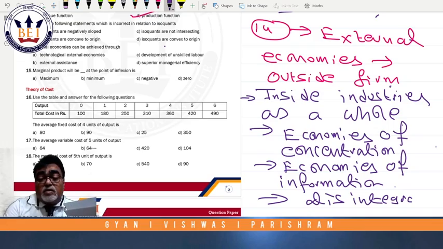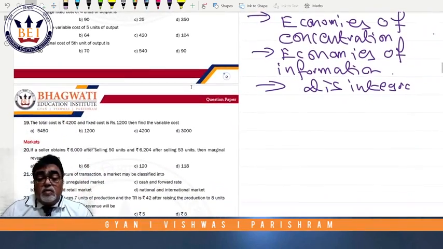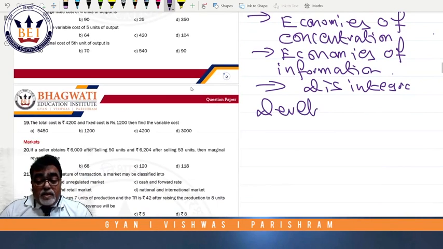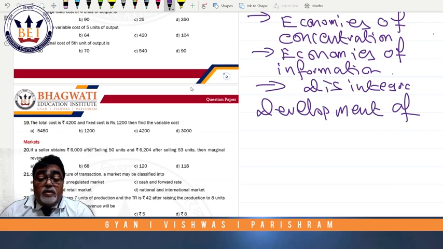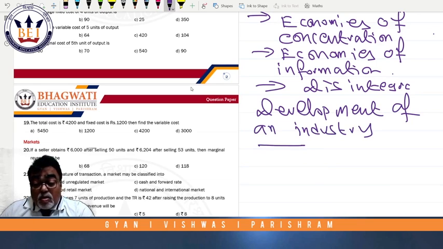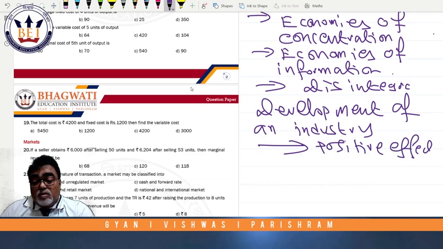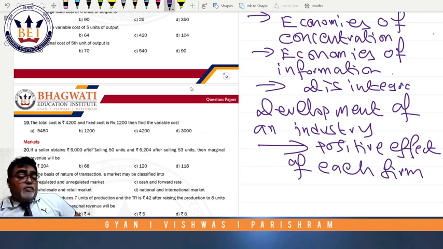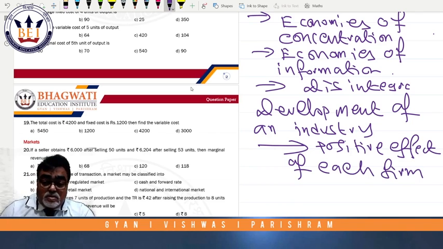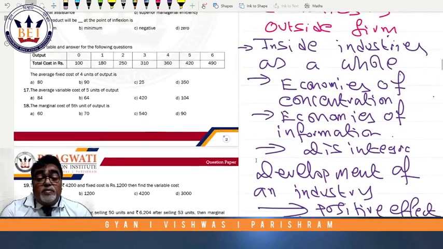What is disintegration? Nothing but development of an industry which has a positive effect on each firm in and around the industry. So these are simple examples of external economies I am trying to give you.